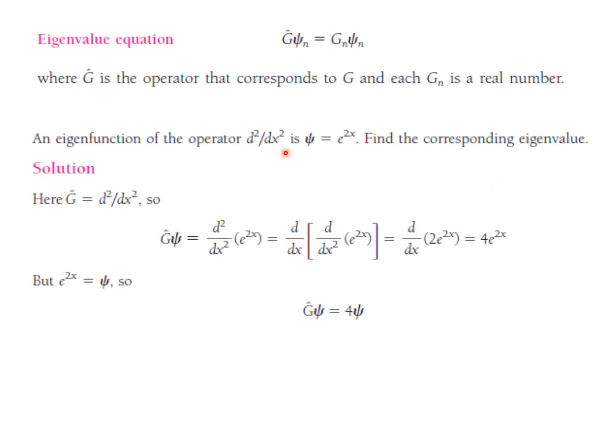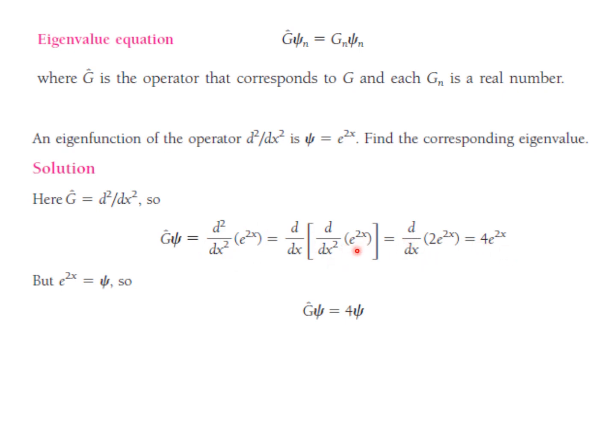And this psi is known as the eigenfunction. Let's take one example: the operator is d square by dx square and psi equal to e raised to power 2x. Find the corresponding eigenvalue. So the operator d square by dx square acts on psi n equal to e raised to power 2x, and we have to differentiate it two times.